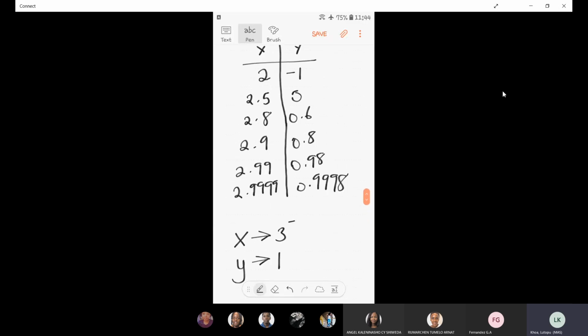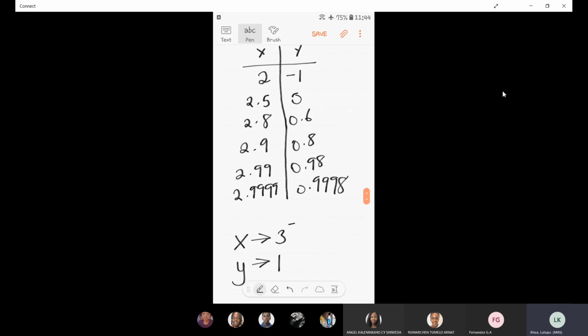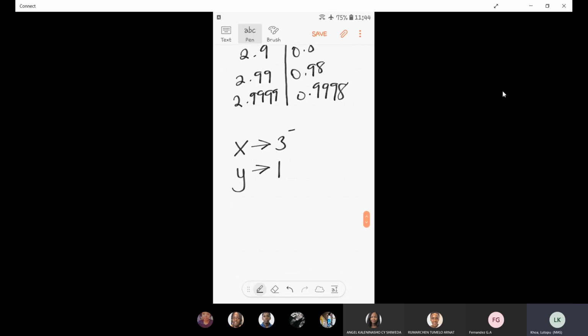So from there we say that the limit as x approaches 3 of 2x minus 5 is equal to 1.